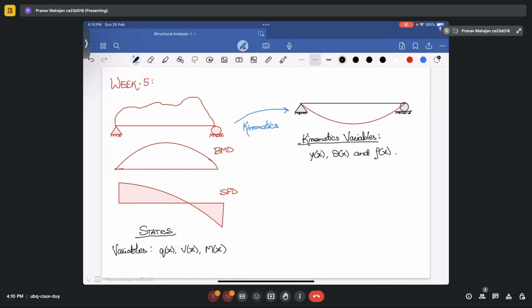So is there any relation between them, that is how the statics and kinematics can be interrelated to each other?